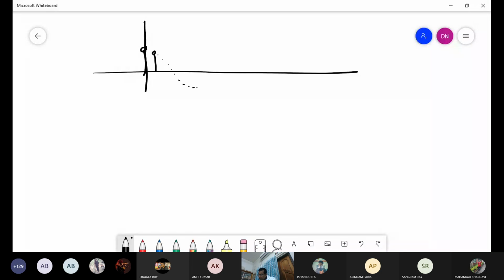Just first, I am drawing the signal as a dotted line. Then I will just it is like this.